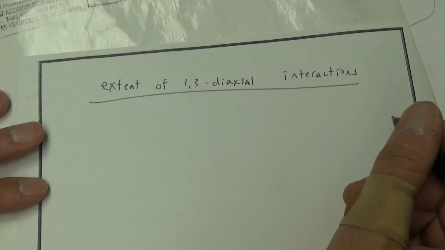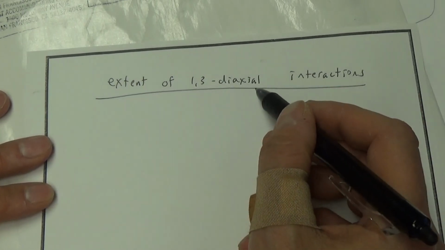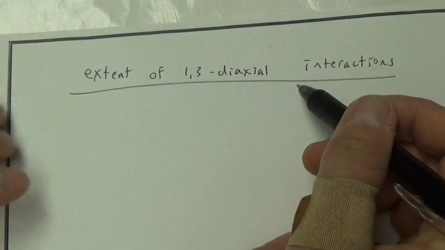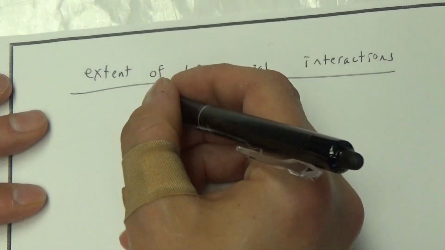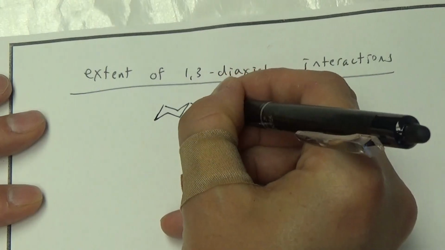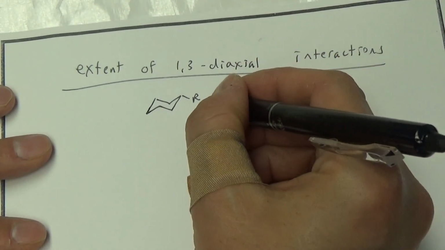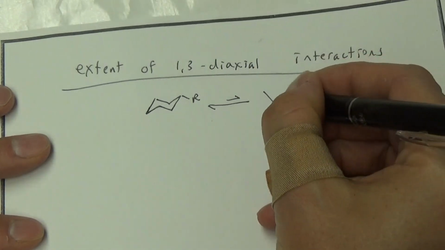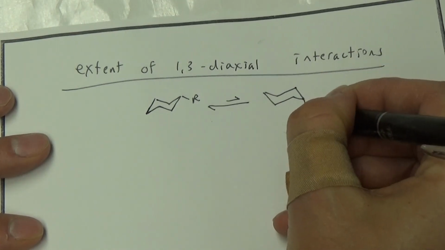What's the extent of these 1,3 diaxial interactions? That kind of just tells you how unstable axial is compared to equatorial. So let's think about just a simple chair. We have our group there, and it flips unhappily to the axial. Now the R group's down there, for example.